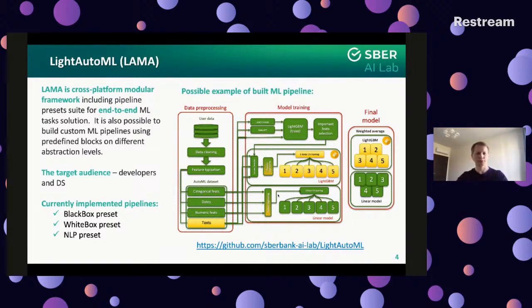And to be customizable, it is a modular framework where you build your pipelines from so-called modules or steps. We will talk about them a little bit later. So just to figure out what LightAutoML is itself, it is an AutoML solution on one hand.